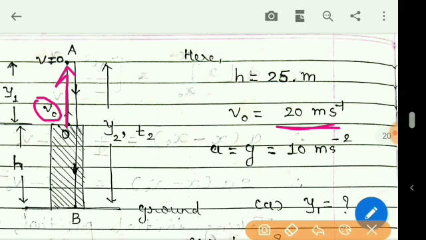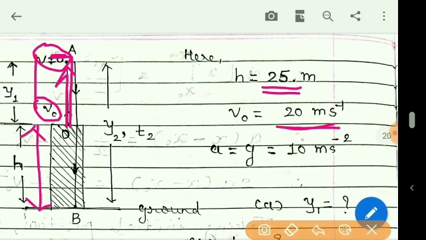The height of the building is given as 25 meter, which means this is the height of the building. Now the ball will move in the upward direction, its velocity will go on decreasing. At some instant, at some height, its velocity will become 0, and then once again it will move in the downward direction.